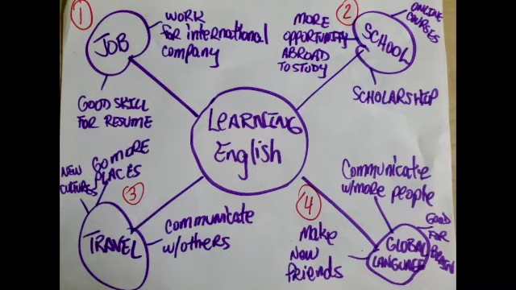meat. As an example, let's go back to my mind map about learning English. In my introduction, I would tell the reader exactly what I'm going to write about, why it's important to learn English. In the body of my essay, or the meat, I would talk about the 4 areas that I put on my mind map: jobs, schools, travel, and global language.